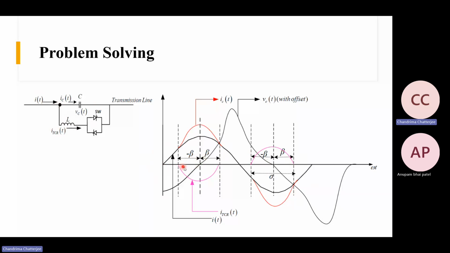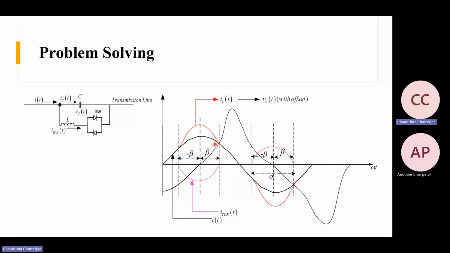Because, if you remember, in the last session we discussed that in capacitive mode of control, the TCR current is in the opposite direction to the line current. So when this is positive, the inductor current is negative, and when it is negative, the inductor current is positive. In this case, what will be the capacitor current? If you apply KCL, it will be something like this.